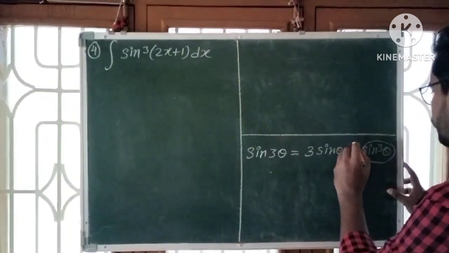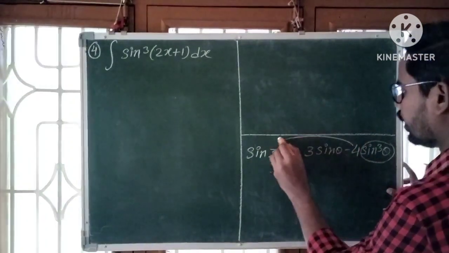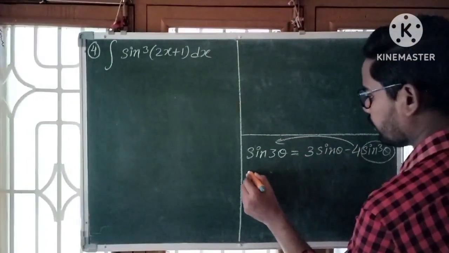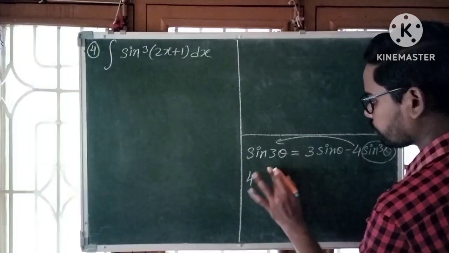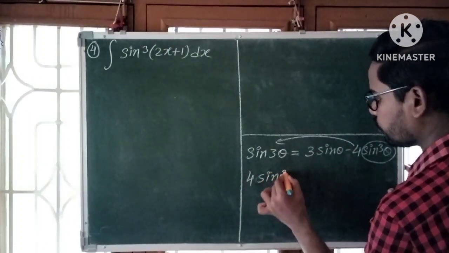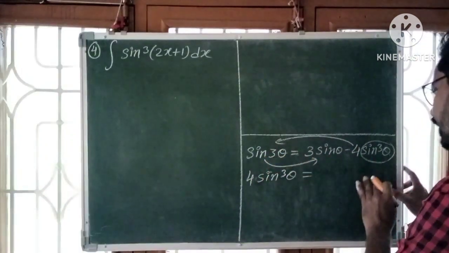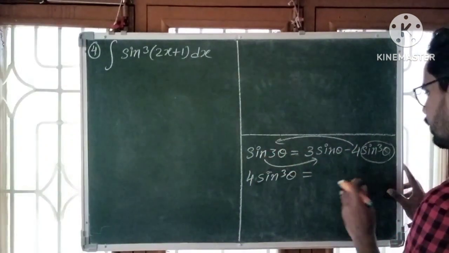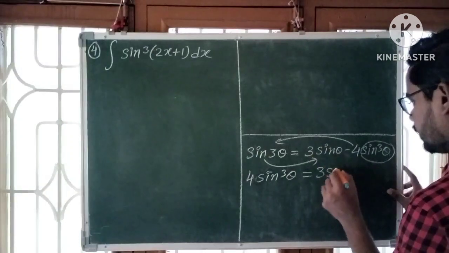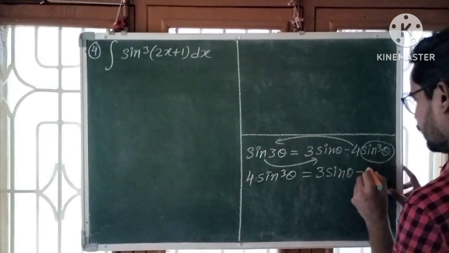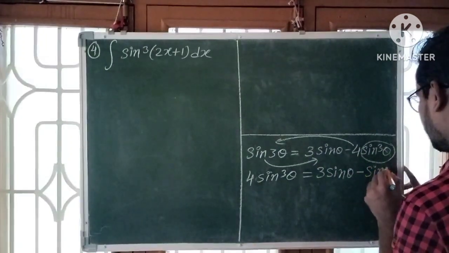First, transpose 4 sine cube theta to the left hand side. Negative 4 sine cube theta becomes positive 4 sine cube theta. Now transpose sine 3 theta to the right hand side. Positive sine 3 theta becomes negative: 3 sine theta minus sine 3 theta.